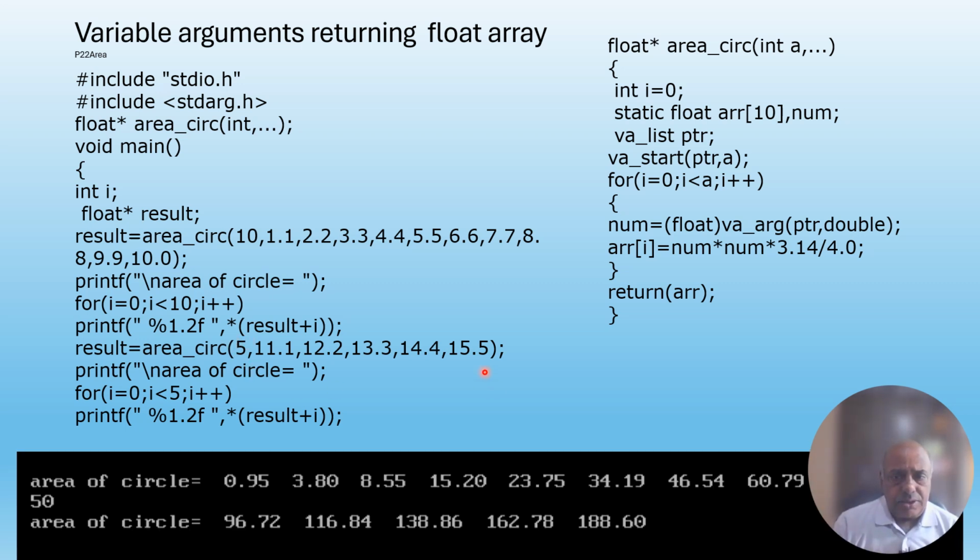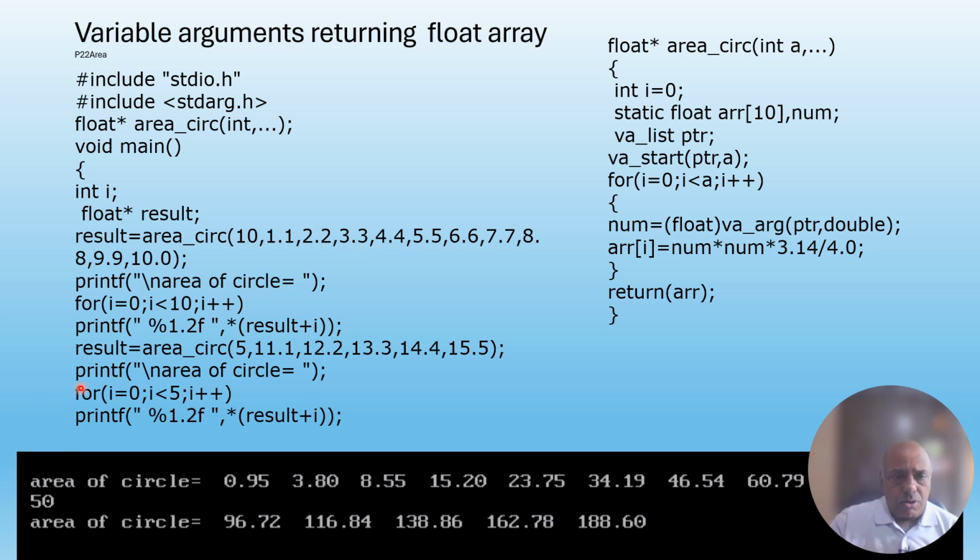And this is the screenshot when I ran this program. The first call gave me the area of circles, where these 1.1, 2.2, etc. are the diameters of the circles for which I want to calculate the areas.